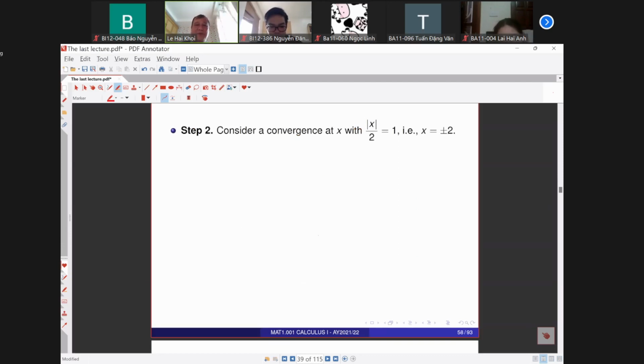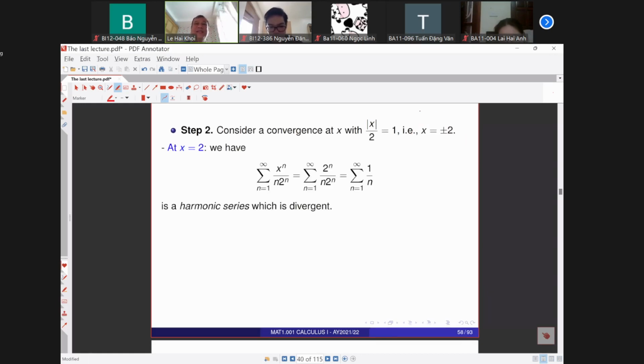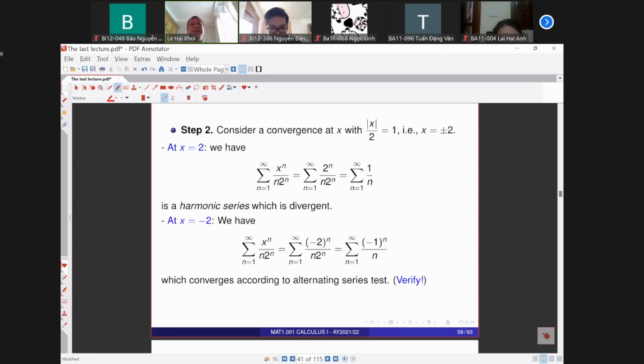And now you have to look at the endpoints, plus or minus 2. Substitute this endpoint, for example, x equal to 2, you have the harmonic series. A harmonic series, you know that it diverges. So x equal to 2 is eliminated from convergence. For x equal to negative 2, you have this alternating series.